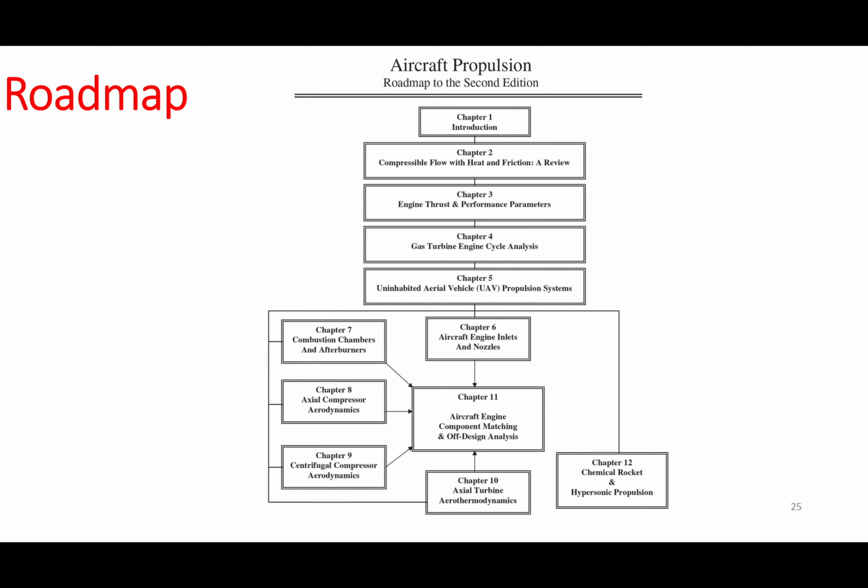And then chapters 6, 7, 8, 9, and 10 are the chapters that are going to cover different parts of a gas turbine, of a propulsion system.